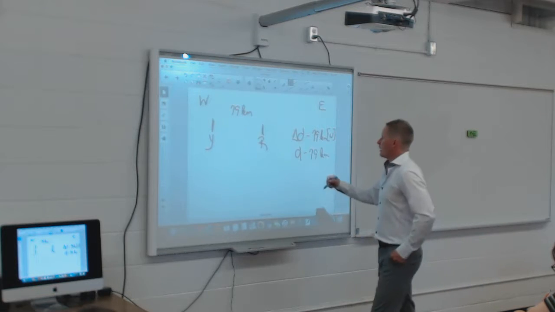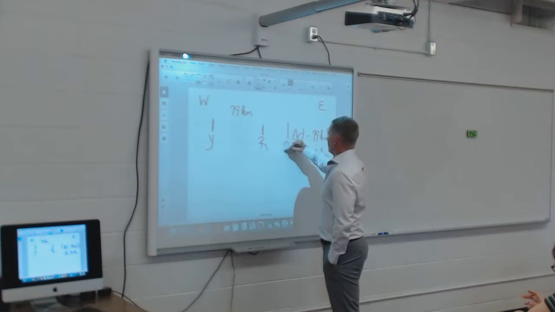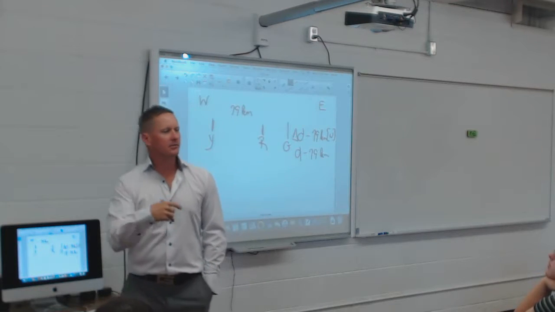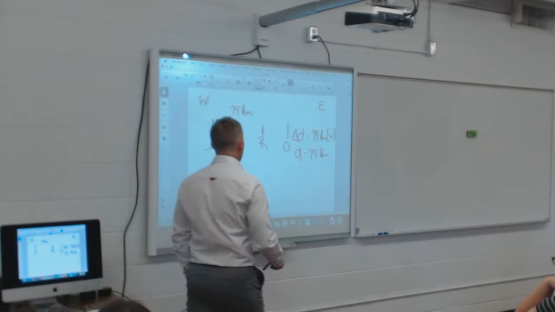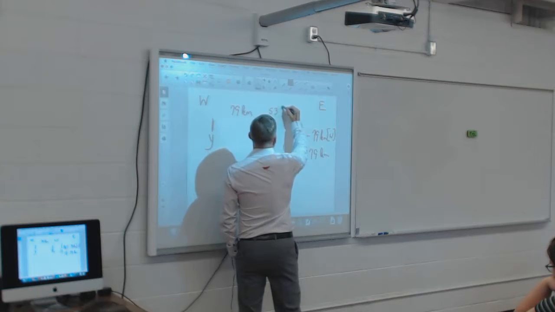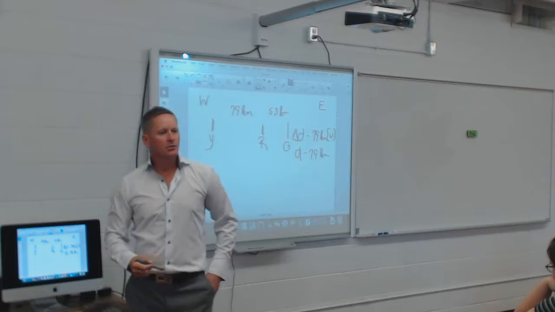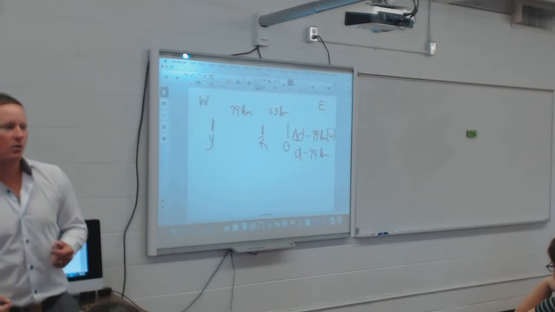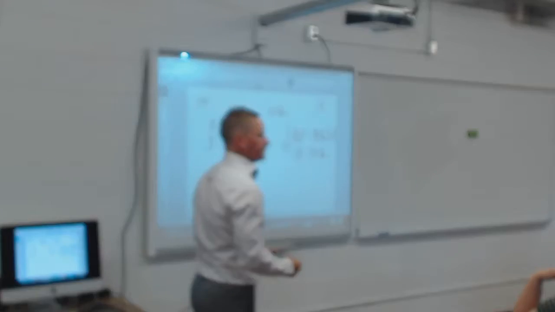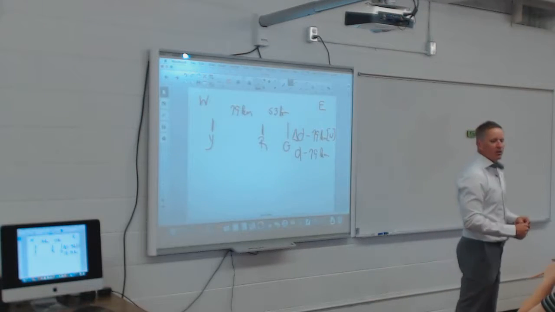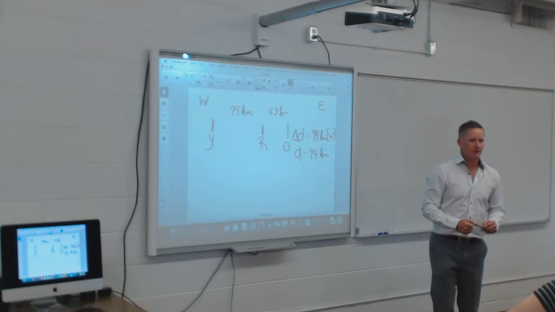Now I go from Roblin to Yorkton, and then I pass Roblin to make a delivery to Grandview. Grandview is 53 kilometers away in the east direction. So now I'm currently sitting in Grandview. What is my displacement? 53 kilometers to the east.